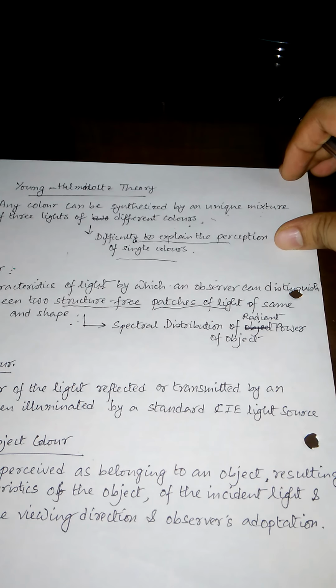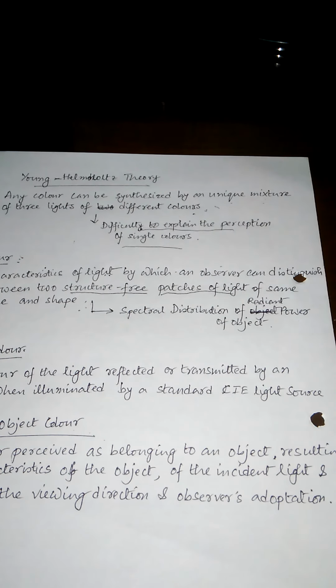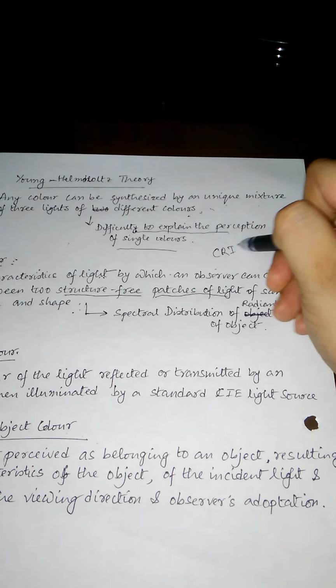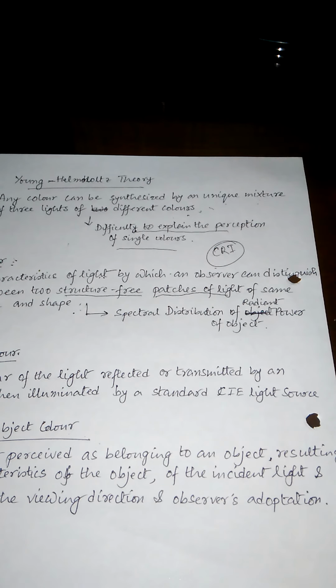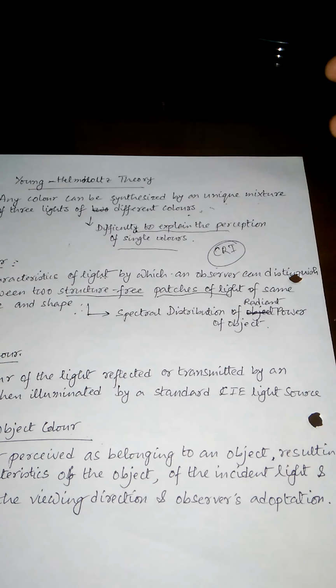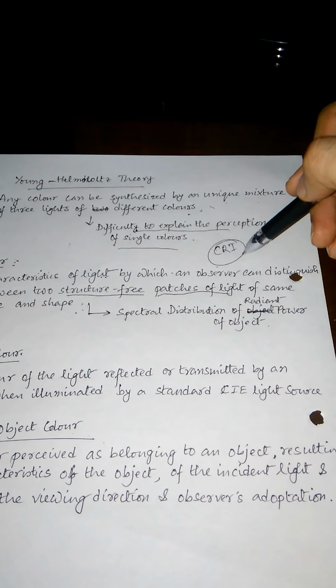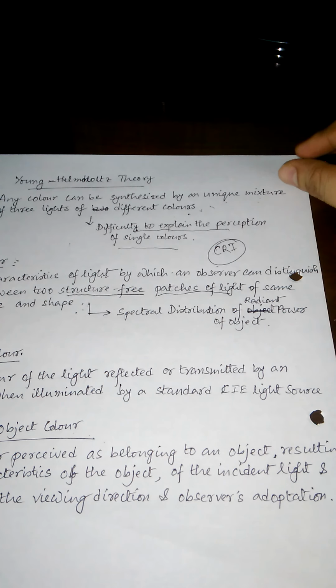Now there is another very important term, CRI. We already know it is the color rendering index. When we discussed the different lamp parameters, we saw that the CRI is not equal for different lamps.